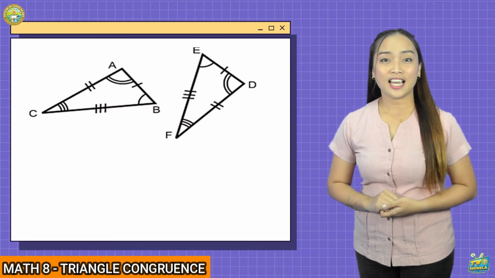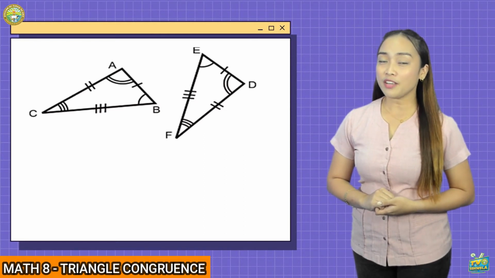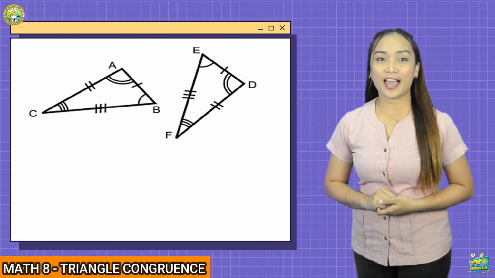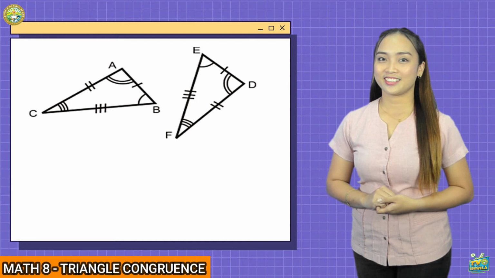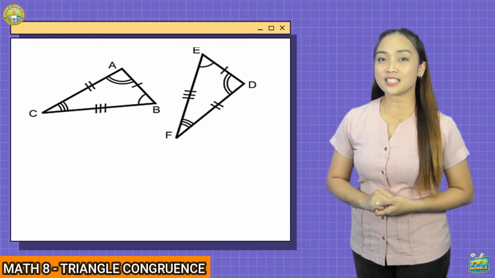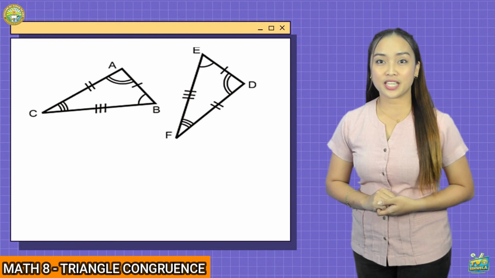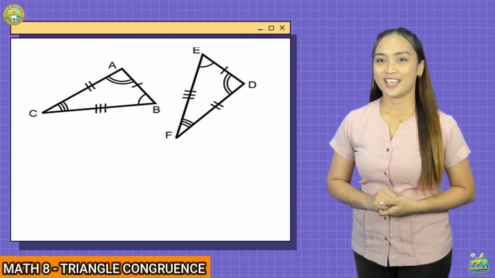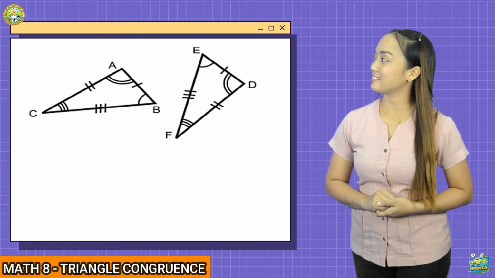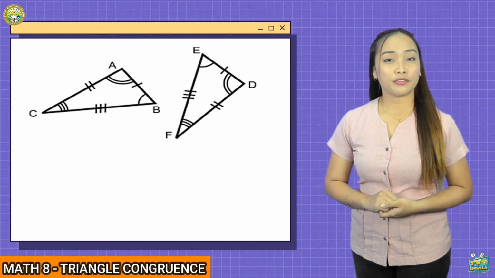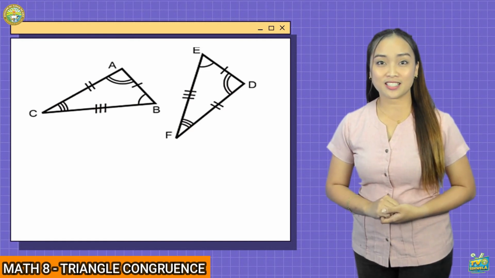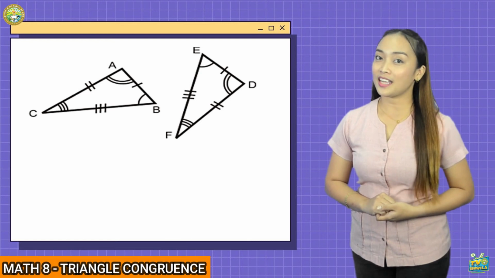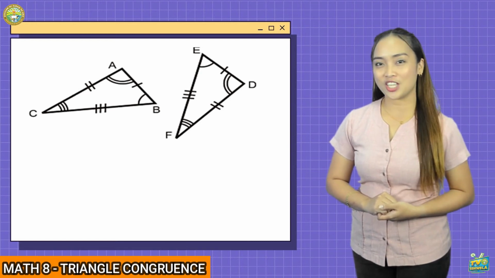A triangle has 3 sides, 3 vertices, and 3 angles. So we must consider all of this. Corresponding sides are marked the same, and the same goes with corresponding angles, as you can see on the screen. Whenever we flip one of the triangles, its corresponding sides, vertices, and angles do not interchange.